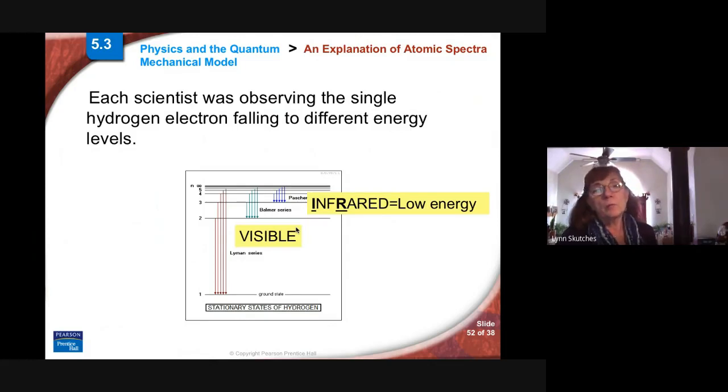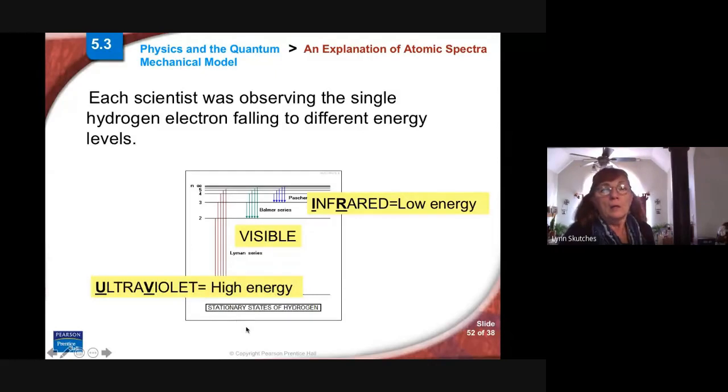They are in the visible portion when those electrons dropped from the 7th to the 2nd, the 6th to the 2nd, the 5th to the 2nd, the 4th to the 2nd, etc. Those transitions are longer, bigger energy than these, but not as long as these. So that was in the visible light. And then Lyman was looking at the ultraviolet energy. So all of this has been documented.